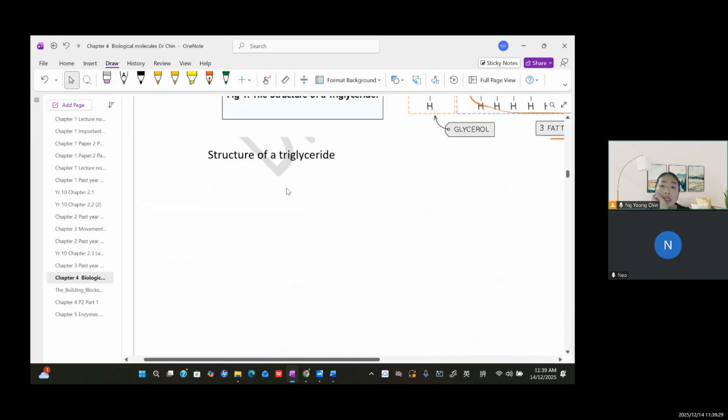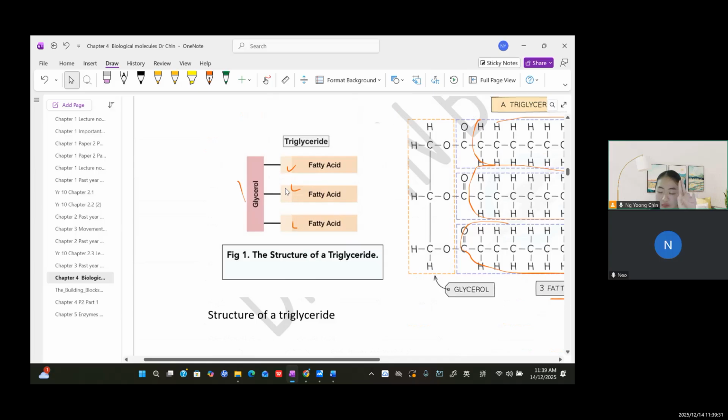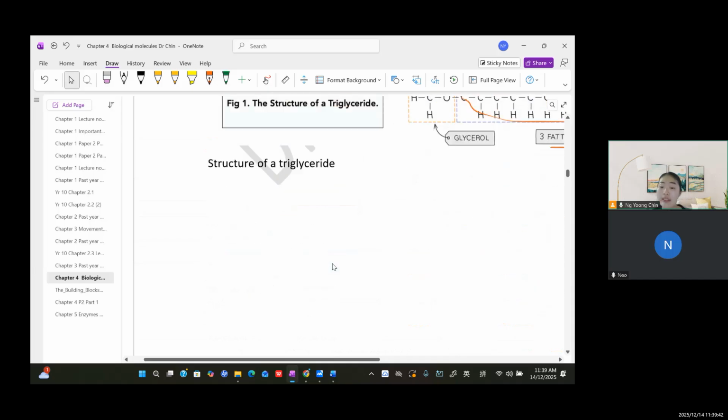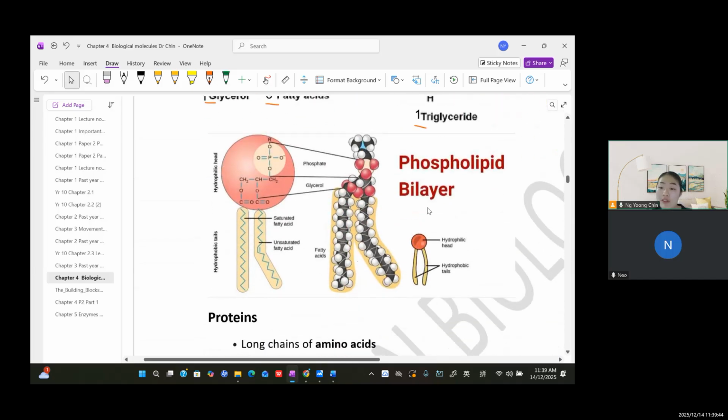For lipids, we learn about 2 types. One is called triglyceride. Tri means 3. They have 3 fatty acids, so they are triglycerides. Then the other one is the phospholipid bilayer.